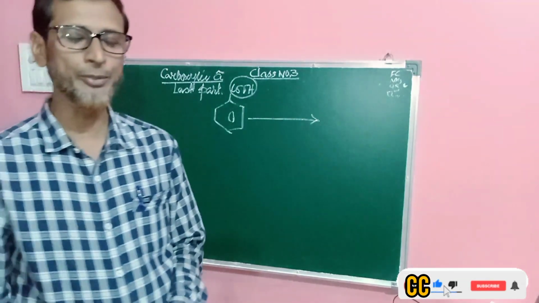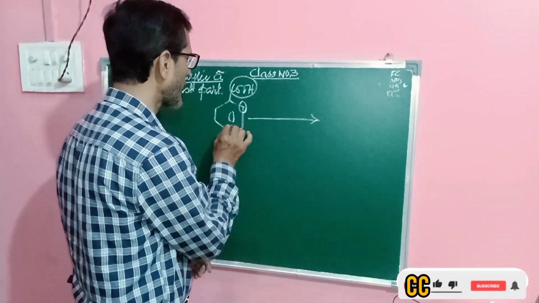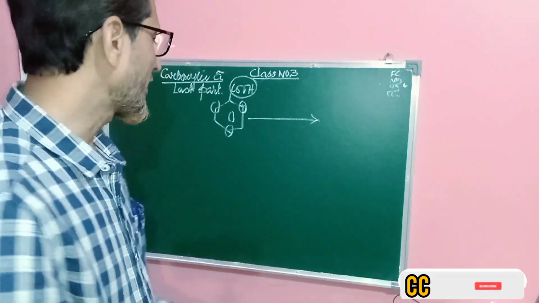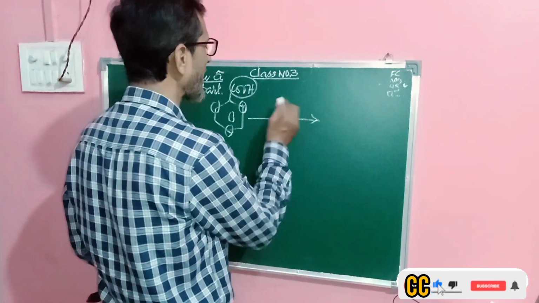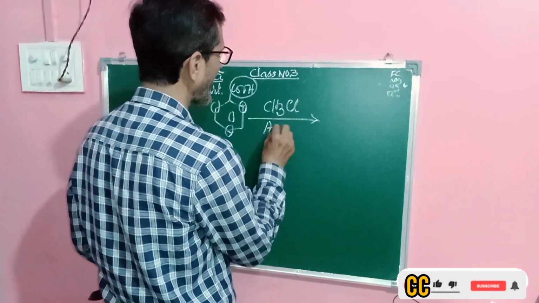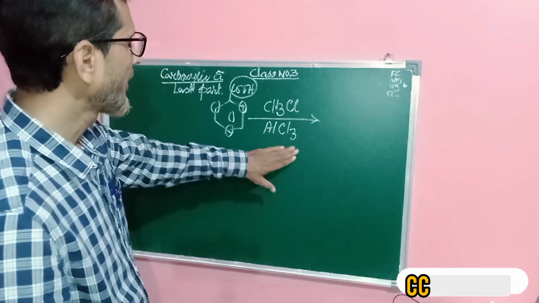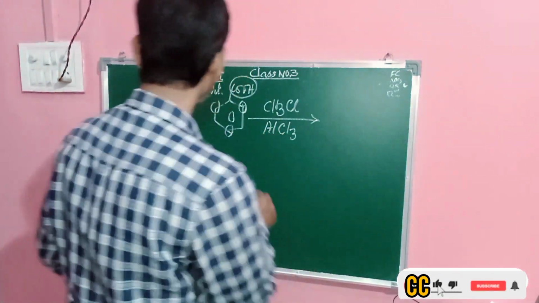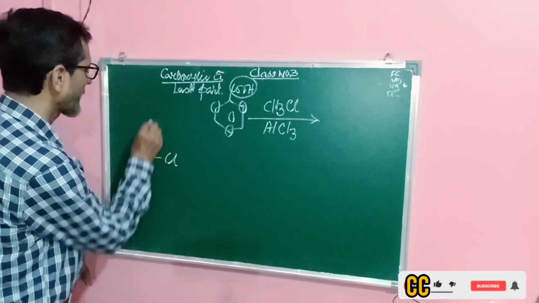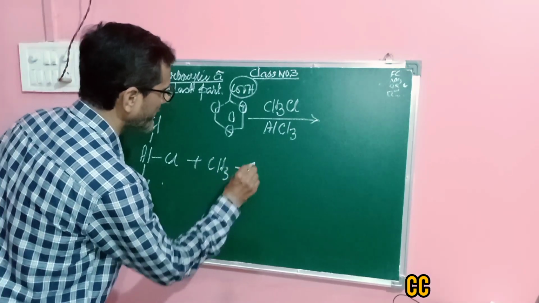In my last class I told you that it deactivates and forms positive charge on the ortho and para positions. Friedel-Crafts alkylation was actually like this. It was in first year: anhydrous aluminum chloride, which is a Lewis acid, takes one chlorine from methyl chloride.